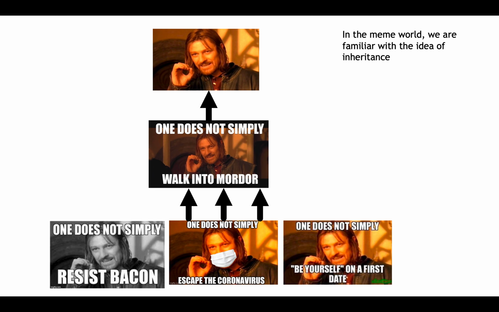Okay, let's move on to another topic, which is inheritance. You're probably familiar with the idea of inheritance as it relates to memes on the internet. People start off by watching a movie, they create a modification of maybe that image, and then they see that image and it inspires them to do all kinds of other fun things, like make ones that are gray or ones that are wearing COVID masks.